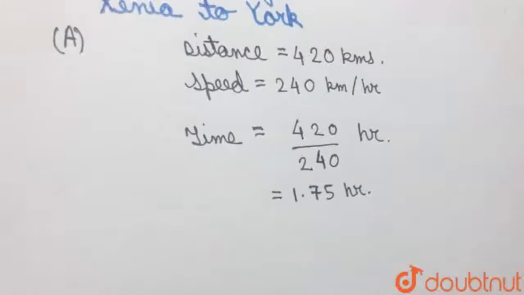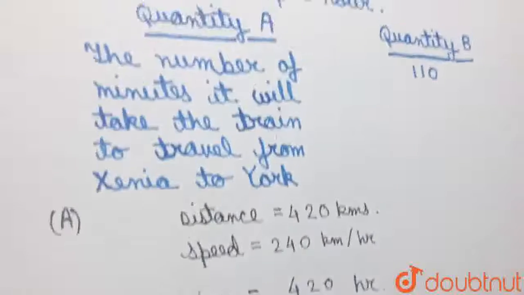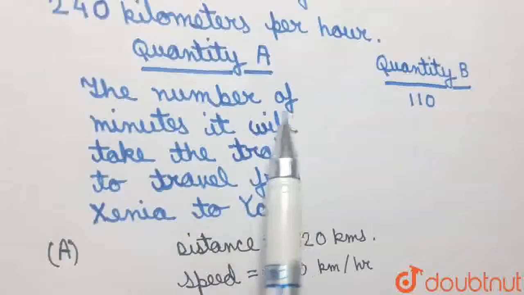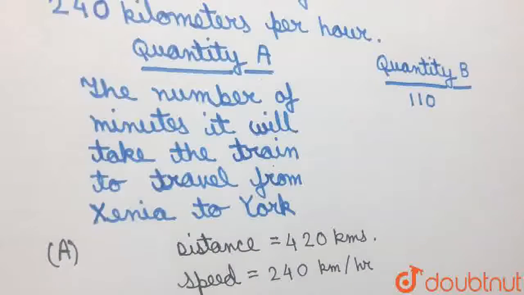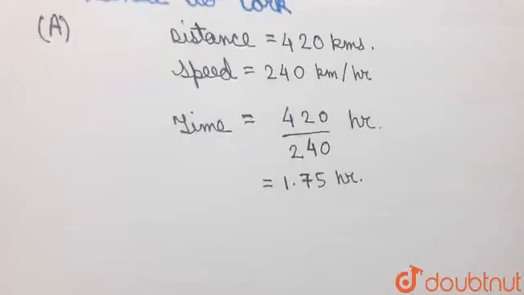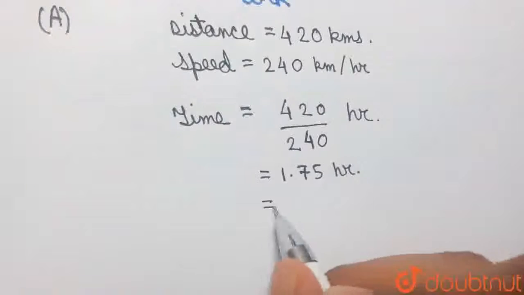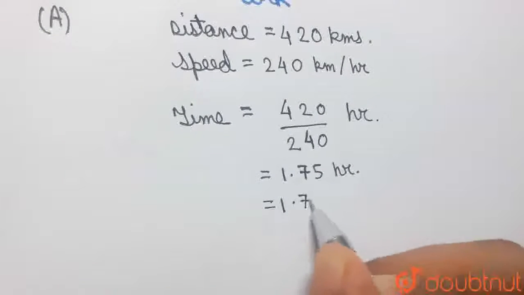So we have concluded that the time that the train will take to go from Xenia to York is 1.75 hours, but quantity A asks for the number of minutes that the train will take. So we have to convert this hour to minutes. Now that can be easily done simply by multiplying this by 60.